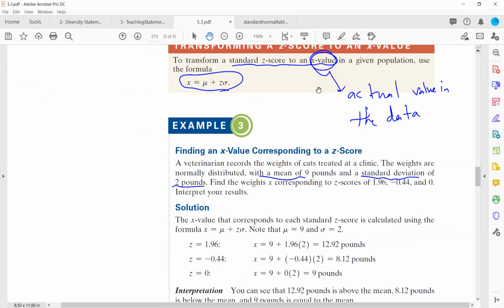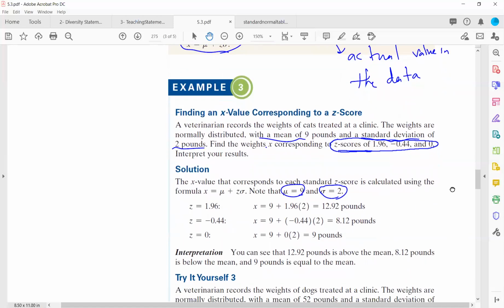So what information is given? Mean is given, mean is 9, and standard deviation is also given, sigma is equal to 2. The question says, find the weights x corresponding to the following z-scores. So 3 z-scores are given. Your goal is to find the weights.